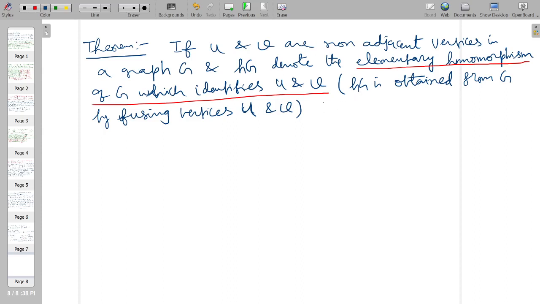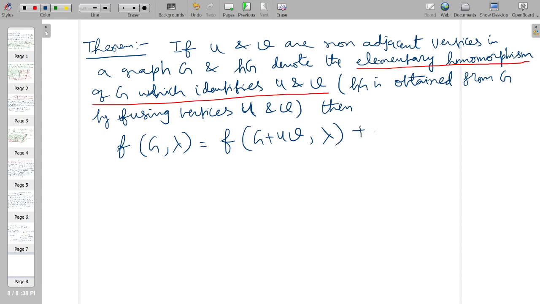Then this will be important: f of G comma lambda equals f of G plus UV comma lambda plus f of HG comma lambda. You have to remember this important formula.